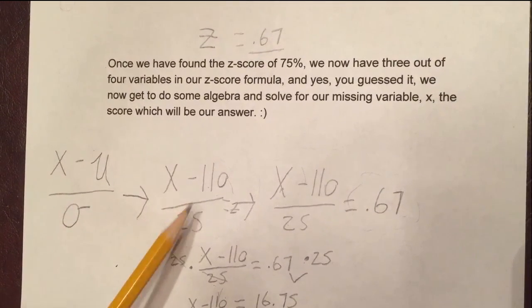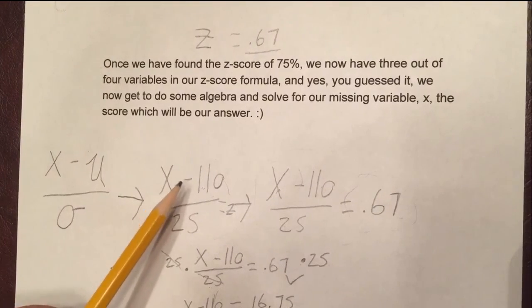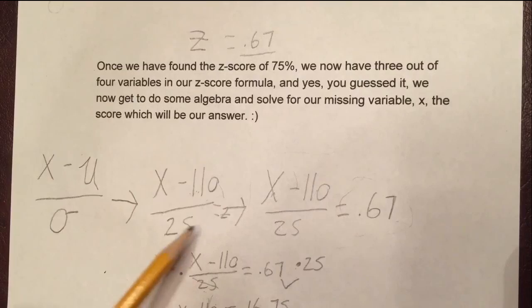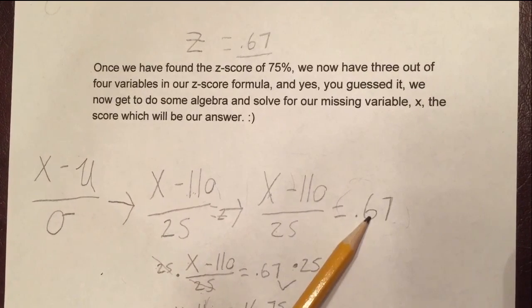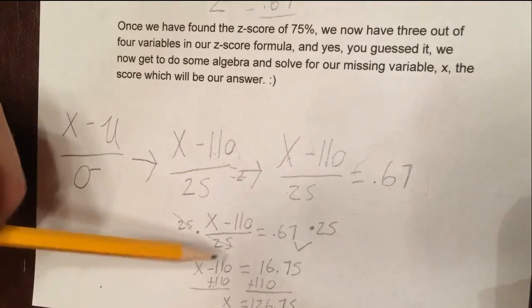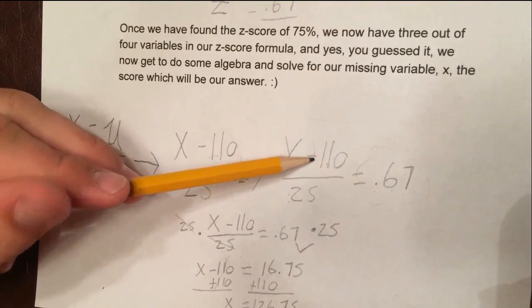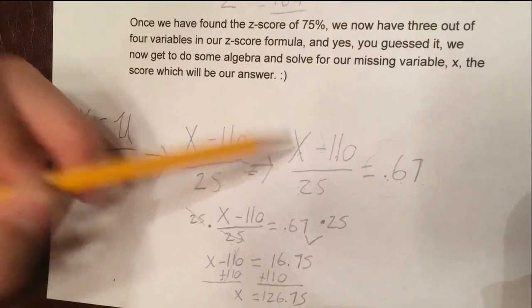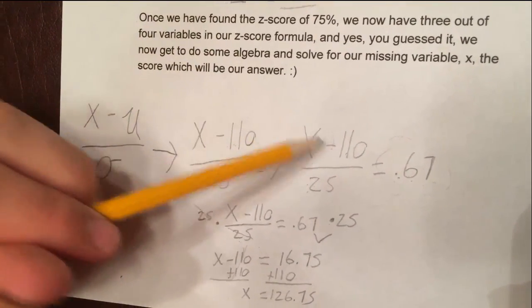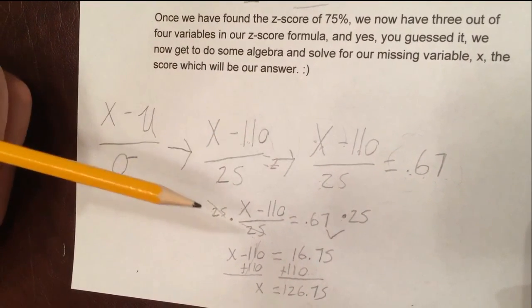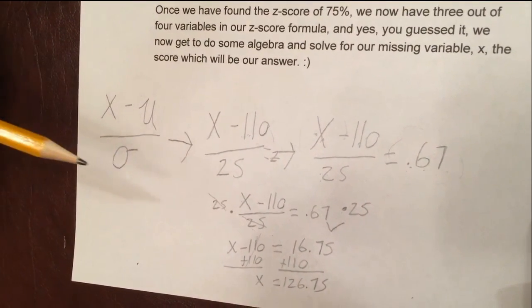Then we plug in our 2 values, our u value and our o value that we were given in our original problem. And then we plug in our z value, which is our 0.67. So now that we have our 3 variables, our o, our u, and our z, now we need to find our x, obviously. So now we can do some simple algebra to get our x alone, and that will be our answer.